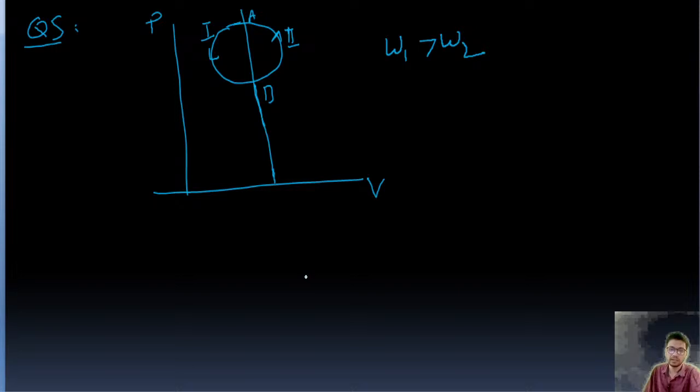Well guys, this is about this cyclic process and also how we find work done in a PV curve. I think there is one more question which I'm going to solve, so give me 1 minute guys.